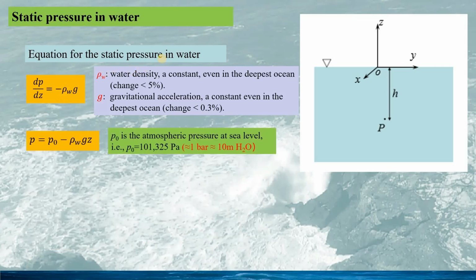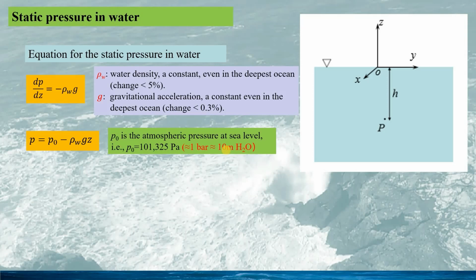Therefore, we can easily obtain the pressure expression as this. Here, P0 is the atmospheric pressure at sea level, given as 101,325 pascals. It's roughly 1 bar of 100,000 pascals.